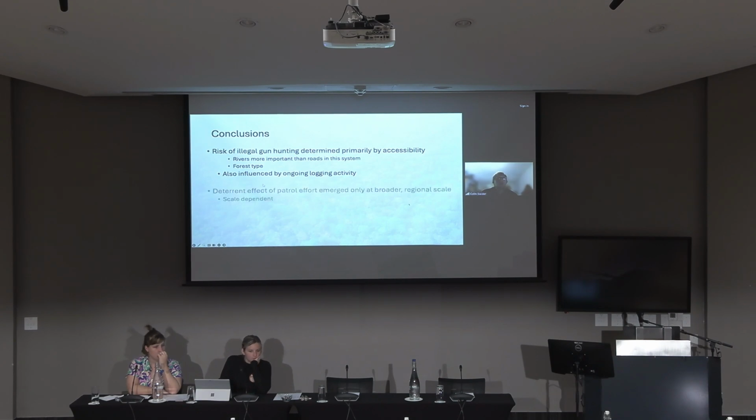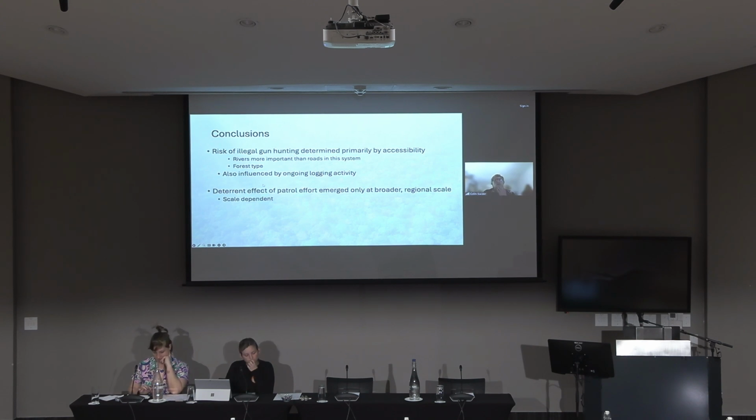And then another thing I wanted to make sure I touched on was the effective patrol effort. So with the Cox proportional hazards models and the time to event analysis, we found no deterrent effect of patrol effort, which seemed odd.